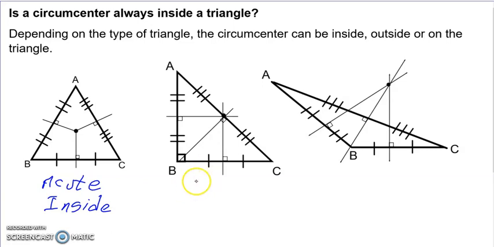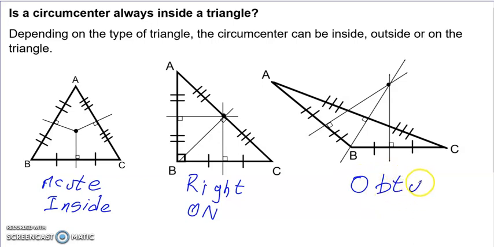If the triangle is a right triangle, then we are on the hypotenuse. The circumcenter of a right triangle is always on the hypotenuse. And if my triangle is obtuse, one of the angles is bigger than 90, then the circumcenter is outside the triangle.